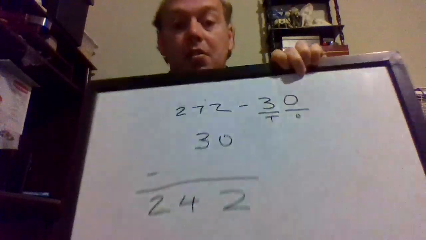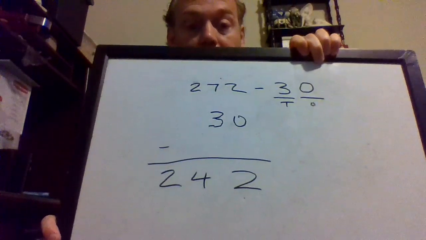Alright, so now we're going to subtract. 2 minus 0 is 2. 7 minus 3 is 4. And 2 minus 0 is 2. So, 272 minus 30 is 242, as you can see.